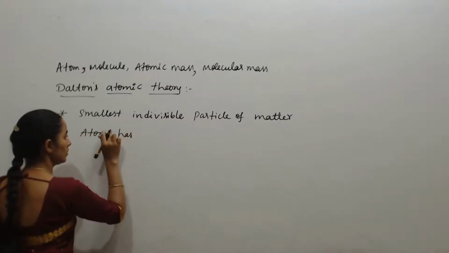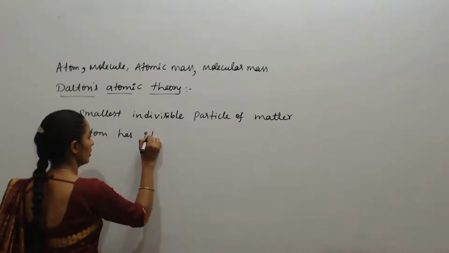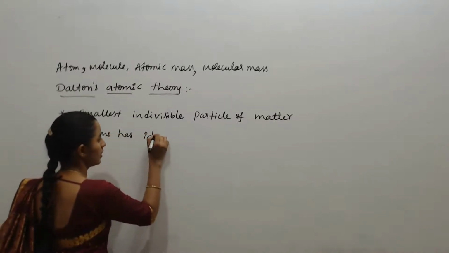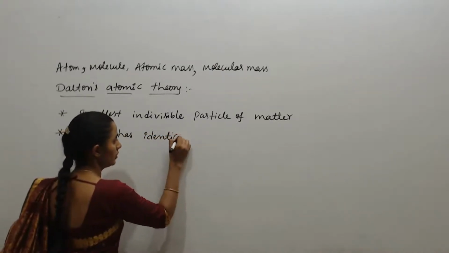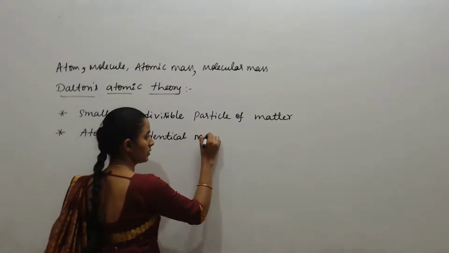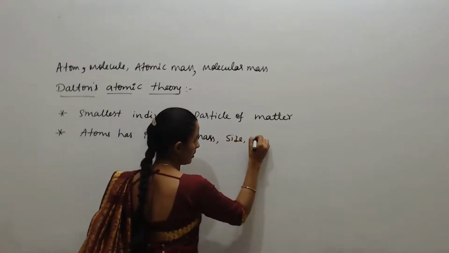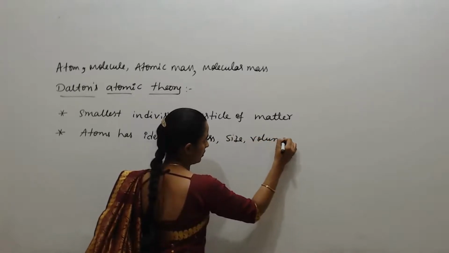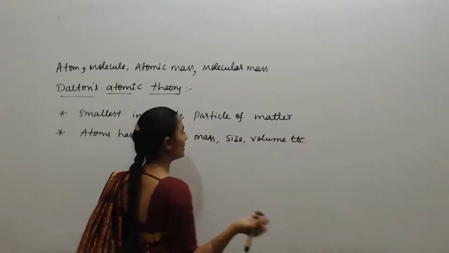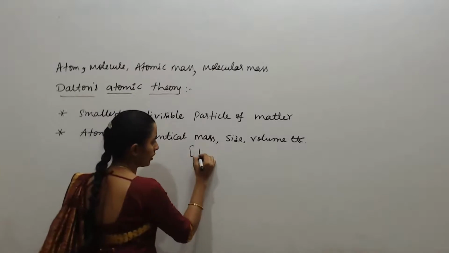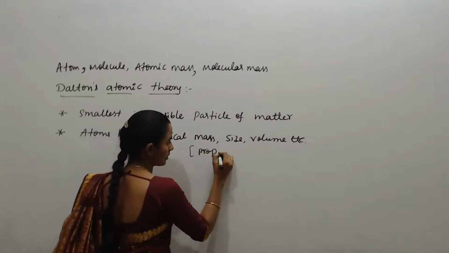atoms have identical mass, identical size, identical volume, etc. Completely they have identical overall properties.